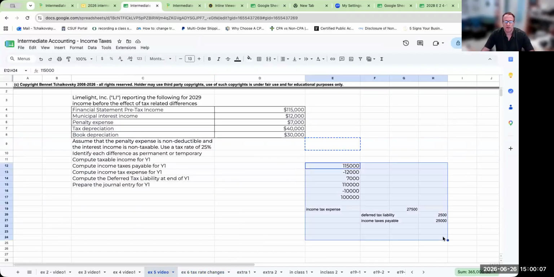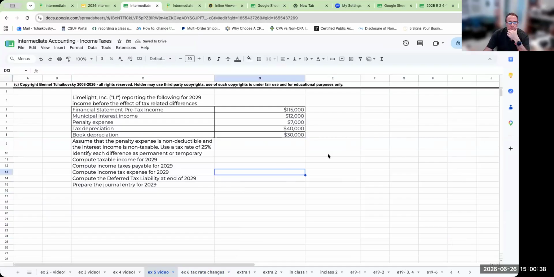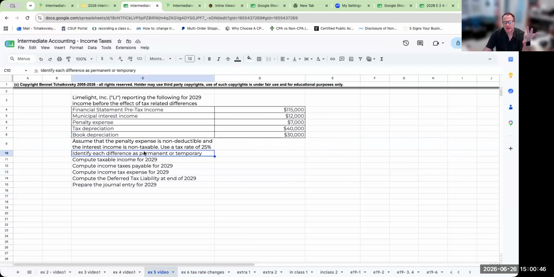So here we've got Limelight reported the following for 2029 before the effect of any tax related differences. The first thing we want to do is identify each difference as either permanent or temporary.